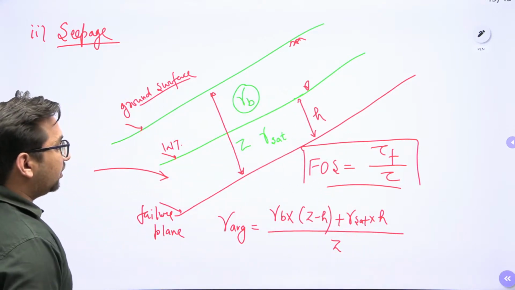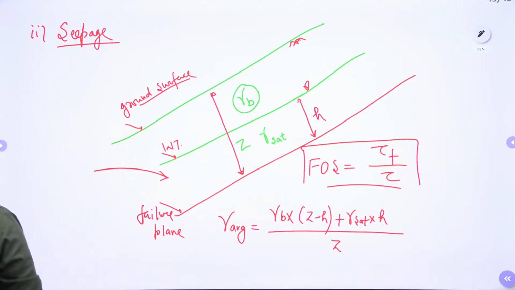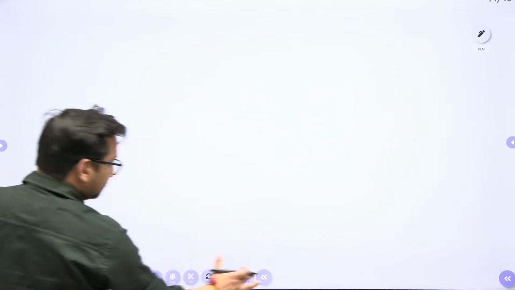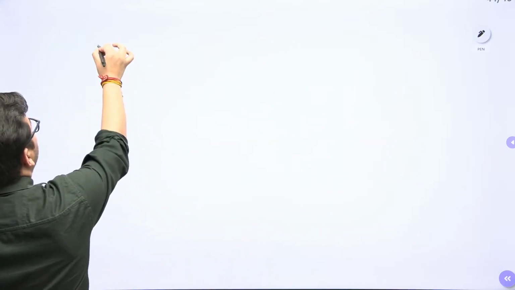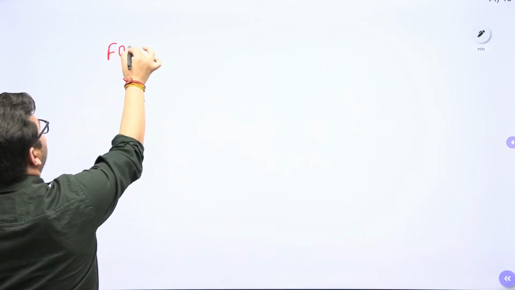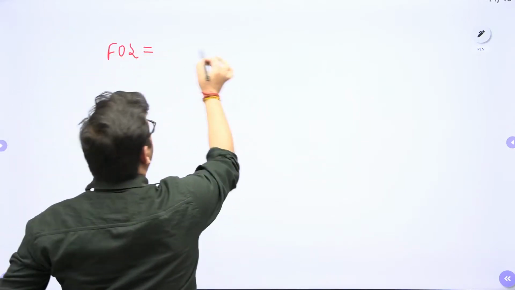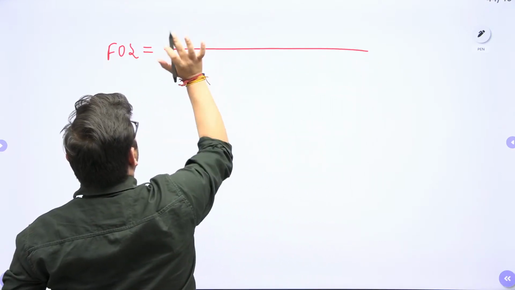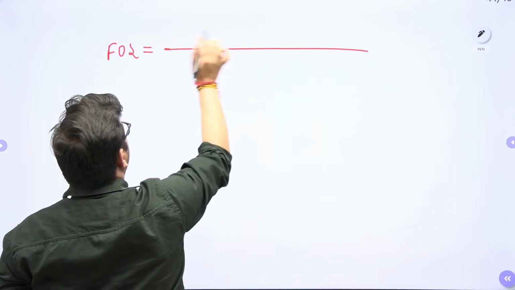Now how can you write this particular formula for factor of safety? Factor of safety is equal to: effective stress is responsible for strength, so in the numerator there is strength.